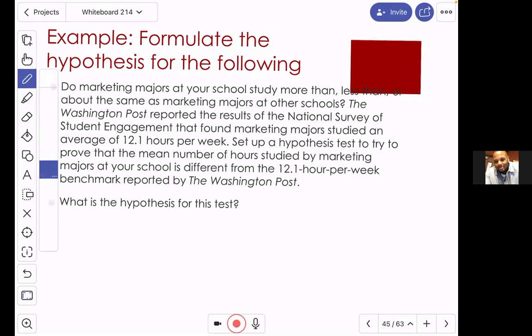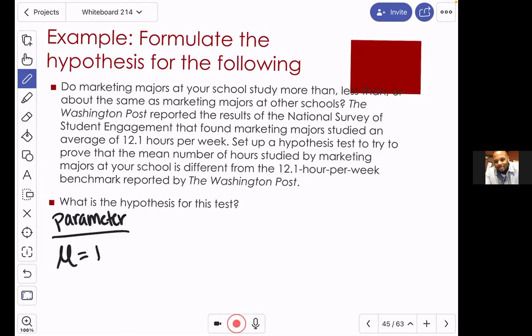The actual parameter here, which we're going to talk about, they're talking about the average, right? And when we talk about an average, the parameter for the average is mu.